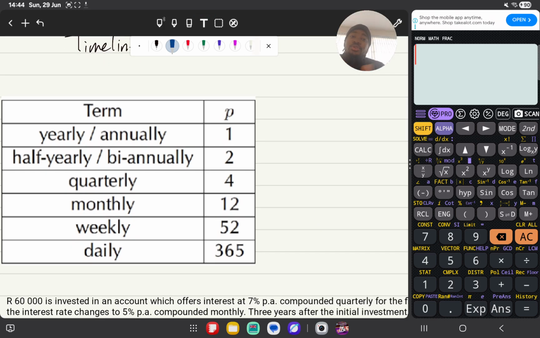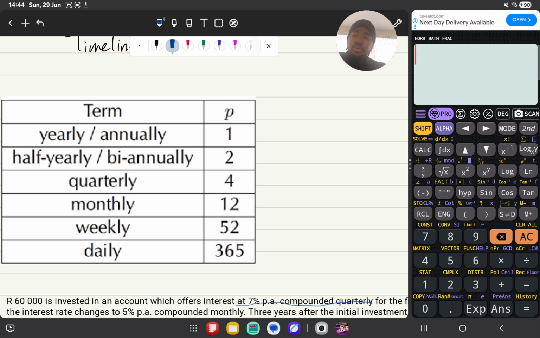I'm not talking about accounting materials, but when you read your questions, you're going to hear this a lot. For example, here our interest is compounded quarterly. This is something you are going to hear a lot about, right?